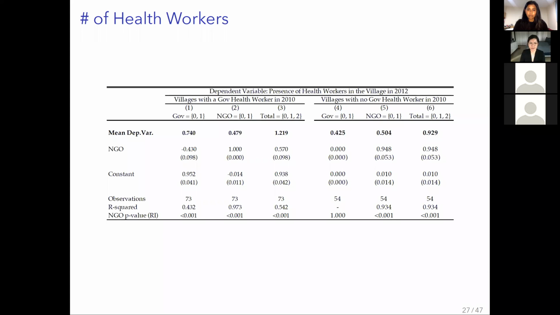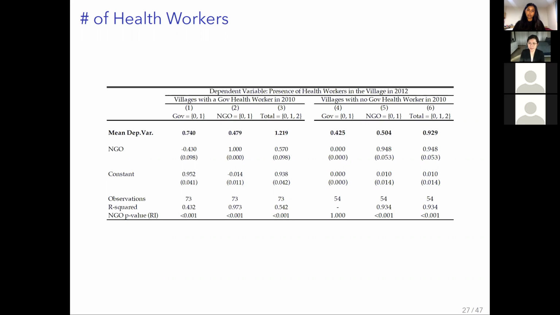So in columns 1 to 3, I look at the first type of villages that already had a government health worker in 2010. And what I find is that column 1 shows me that when the NGO enters, the number of government health workers in these villages goes down by 0.43. Another way of saying it is for every 2 villages that the NGO enters, about 1 village is going to lose their government health worker.